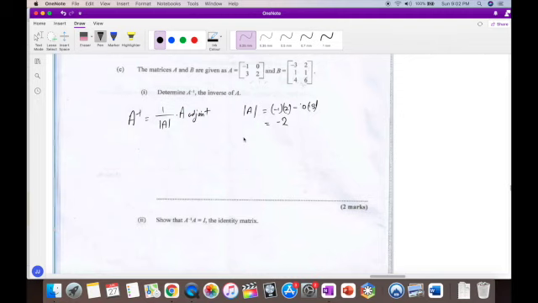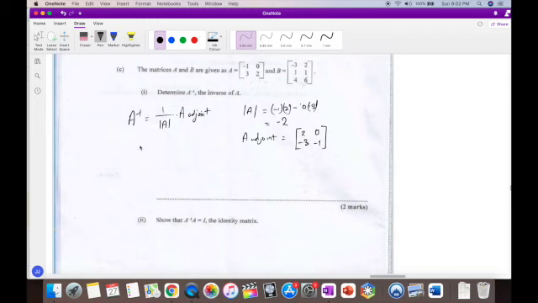And A adjoint is when we flip the negative 1, and then we put negative signs: 3, negative 3, and well, 0 would make sense putting a negative sign in front of that.